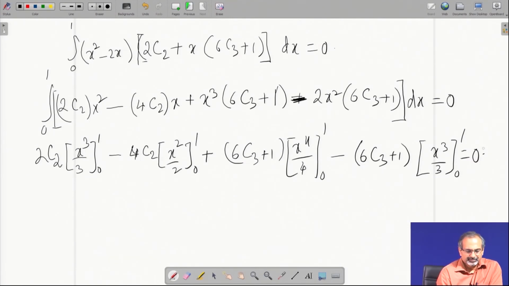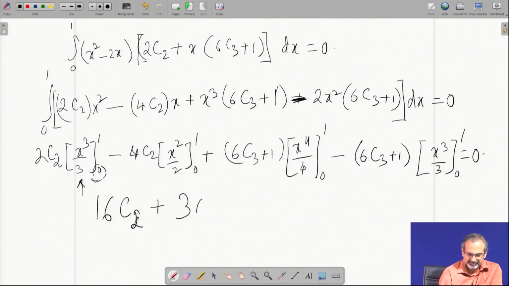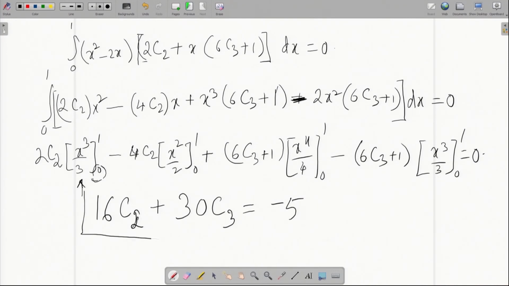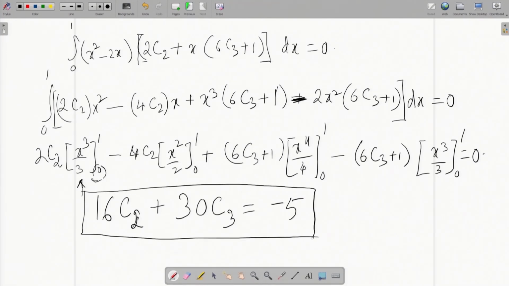Now, as you can see, each one of these, after you put the limits, will yield one term, because the lower limit is 0. So, there will be no contributions. So, once you do that and you finally rearrange the terms, you should be able to come up with this equation. This is the final equation we get out of this exercise. So, this is the outcome of the first residual minimization equation.